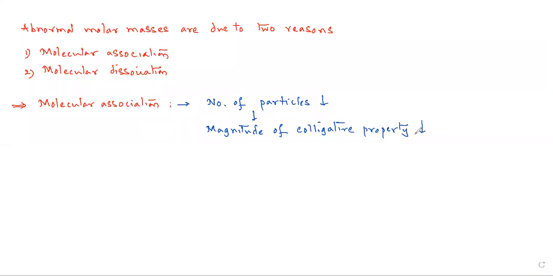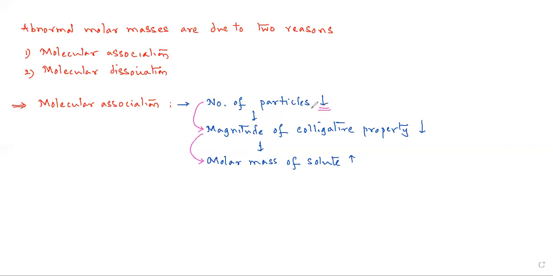Now, when magnitude of colligative property decreases, molar mass of the solute increases, because see, these two are directly proportional, whereas these two are inversely proportional.